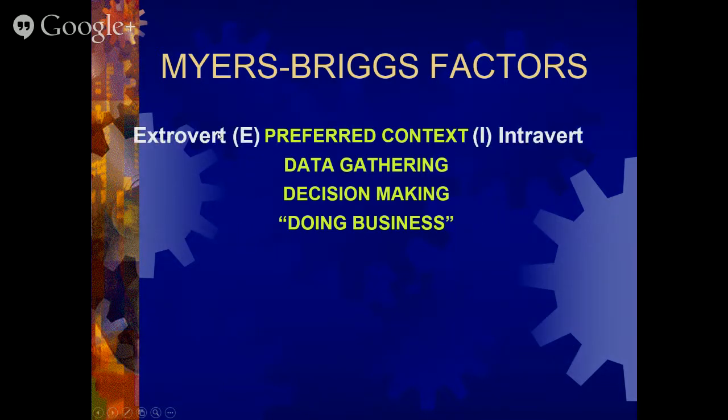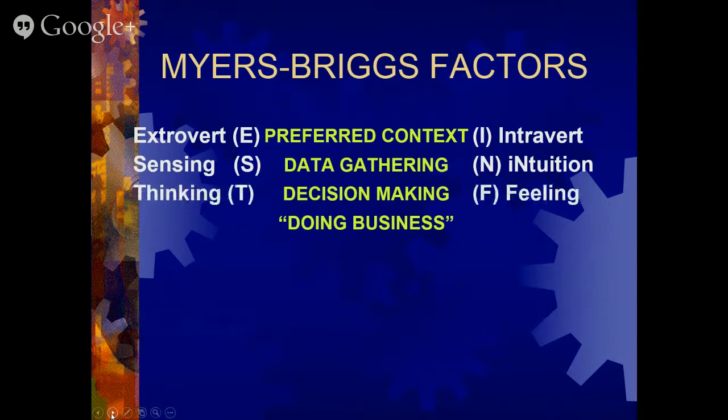There are 4 kinds. There is the extrovert and the introvert when it comes to your preferred context. The person who lets it all out and the person who keeps very much to themselves. Second of all, there is the person who gathers data by their senses, by what they see, feel, taste, touch, and hear, or the person who reads between the lines and behind those senses to intuition. Thirdly, how do you make decisions?